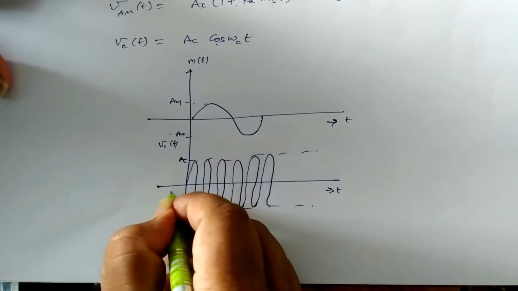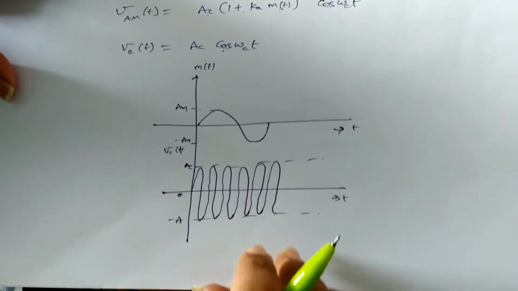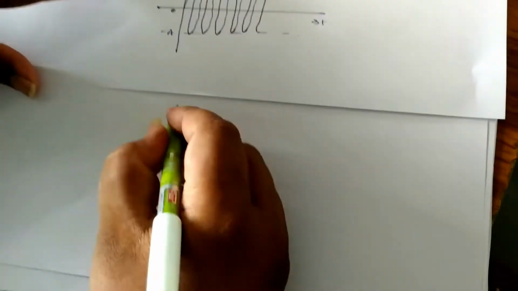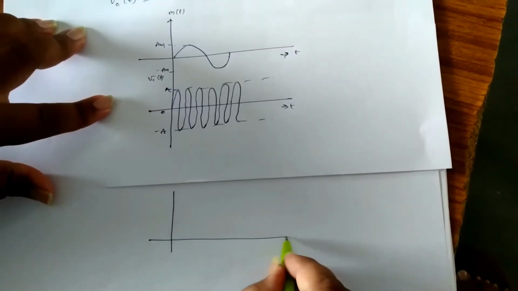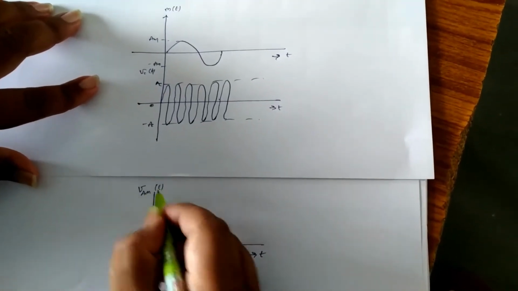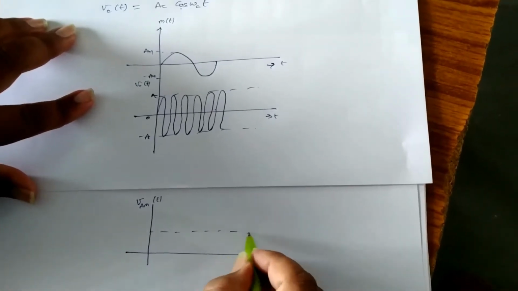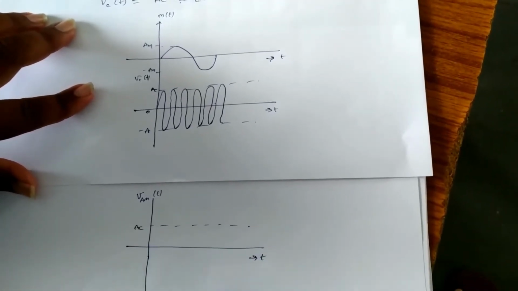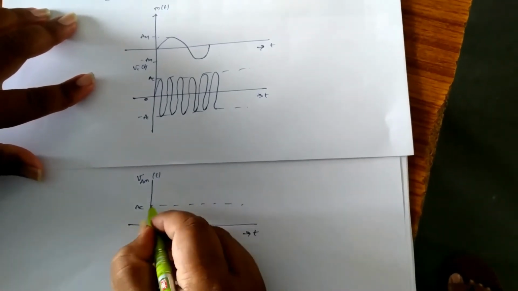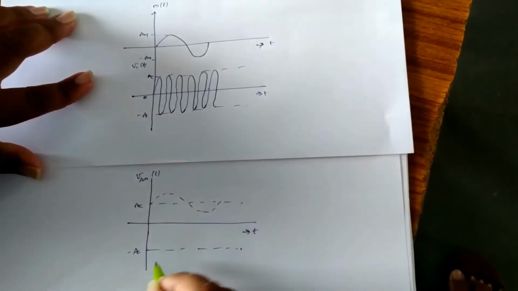And let the amplitude be plus Ac, minus Ac. And based on these representations, the amplitude modulated signal VAM of t is a double sideband full carrier, and here we have to place the message signal on the top of the carrier signal like this.